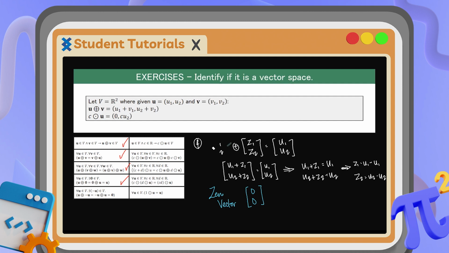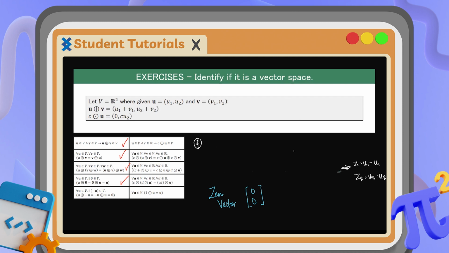So now that we're done with the 0 vector, we now investigate vector addition further by finding the negative vector of u. So let's go over that this time. Here, we want to look for the negative vector of u. So we want to find the vector that, if we apply the operation, gives us the 0 vector.